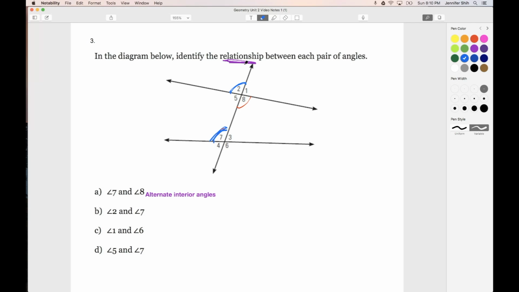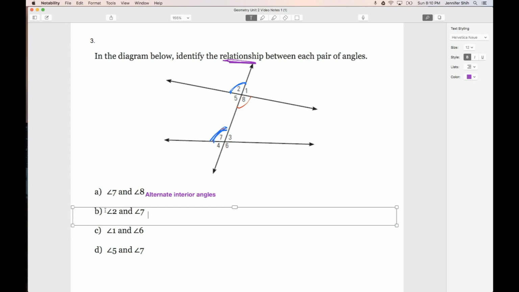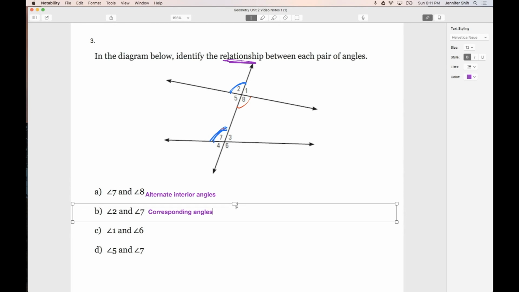Even though these are not parallel lines, there's still information that can be told about these two angles. These are still corresponding angles, even though they're not parallel lines. It doesn't mean that they're equal in this case, but it just means that they're corresponding.